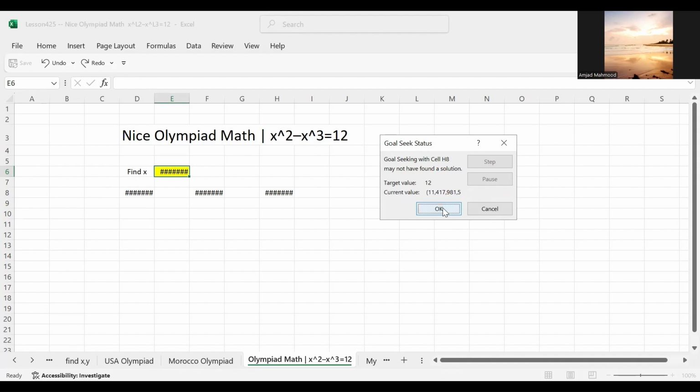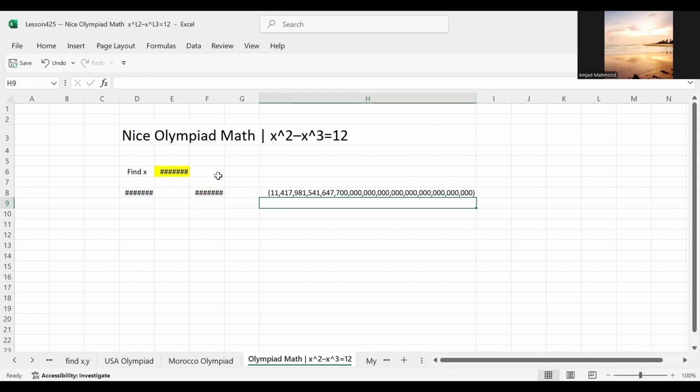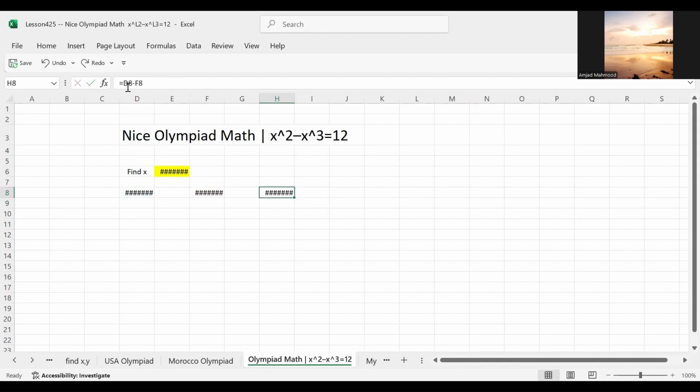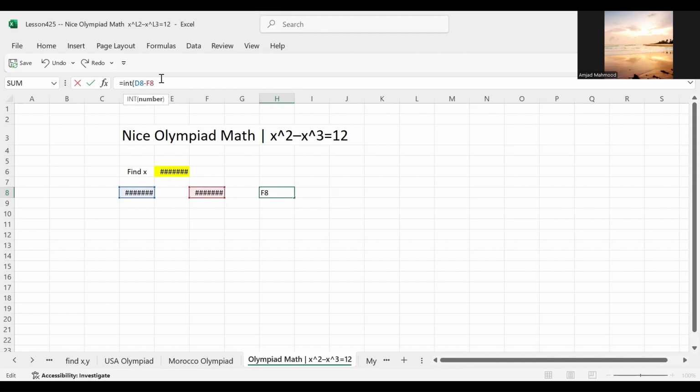So what we do is change this formula to integerize it. The integer, INT, right? So that it forces it to take only the integer. Okay, undo. You say INT, and the integer of this.